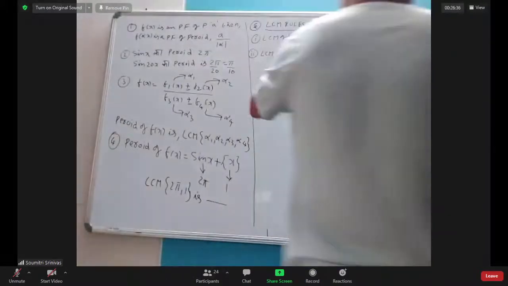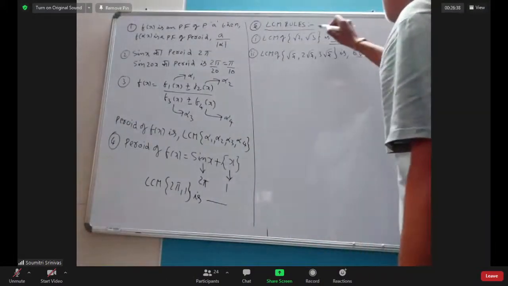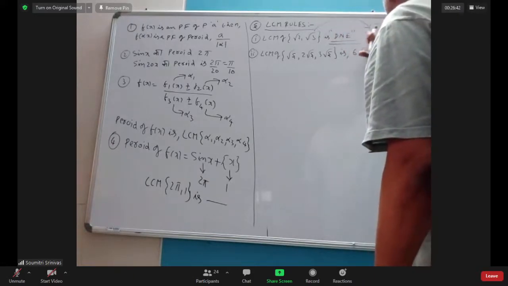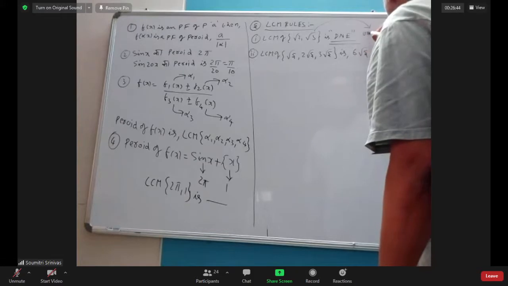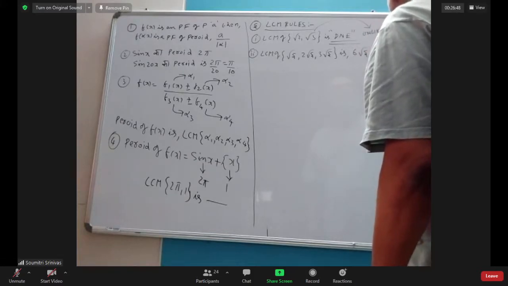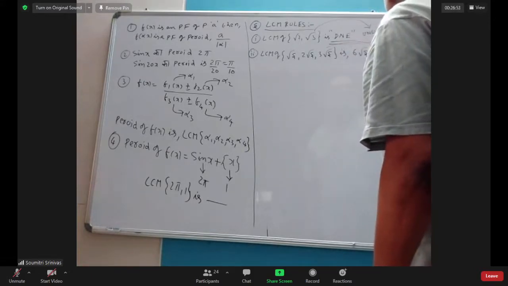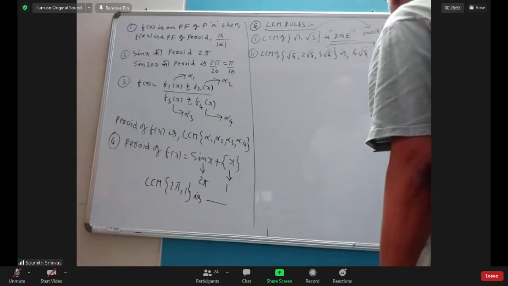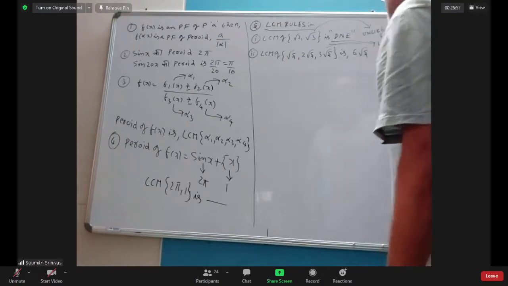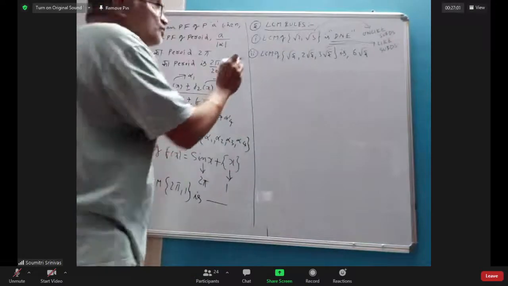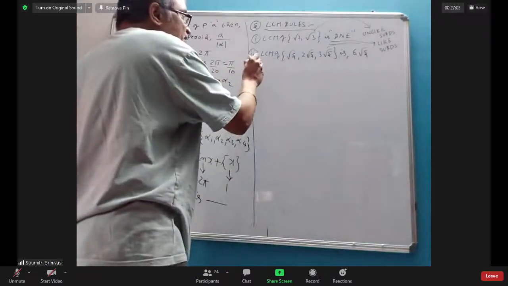What are the square roots here called? Like surds. Remember? That's why I said LCM rules. 3.